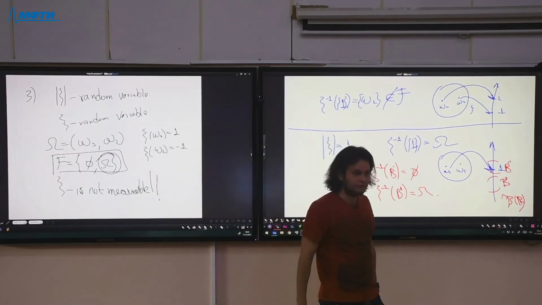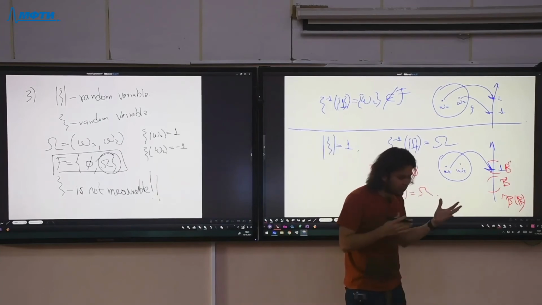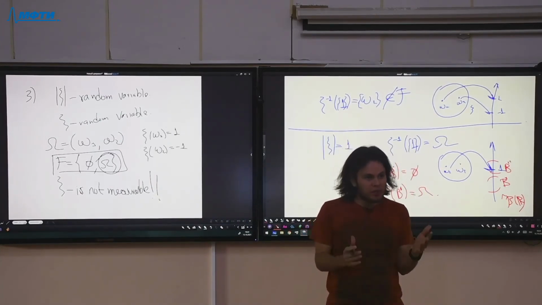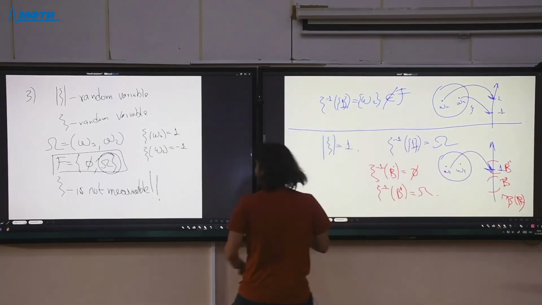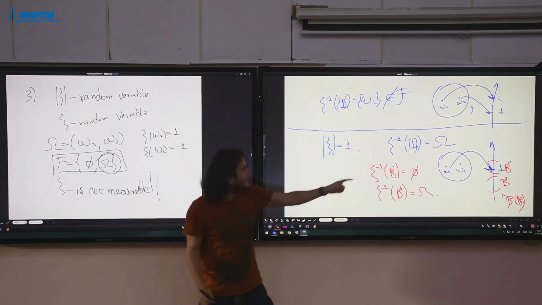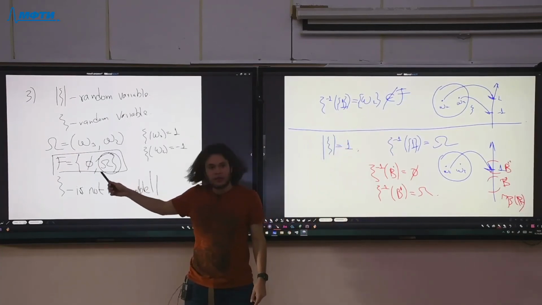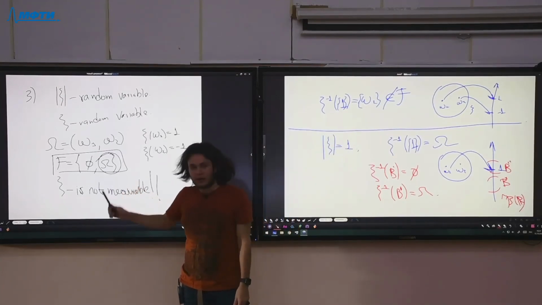So if you understand this, then this is an example of what a measurable function is, of what the preimage means: the preimage of every B should be in F. In this case, the preimage of this is omega 1, and omega 1 is not here because we didn't want it to be here.